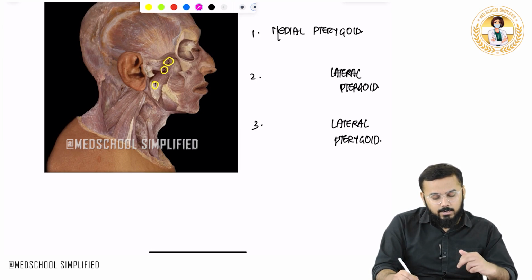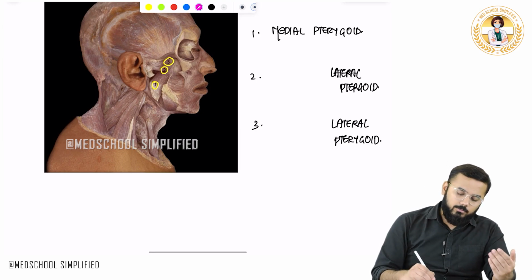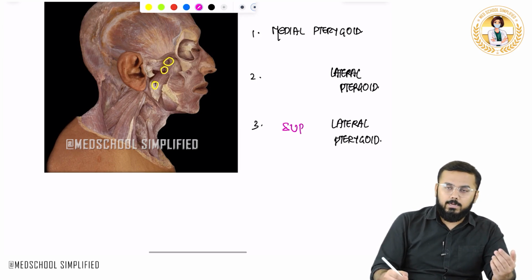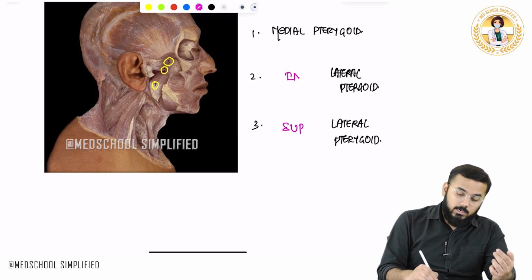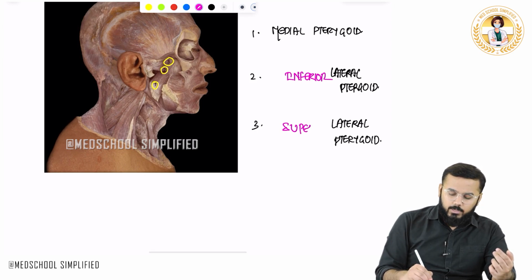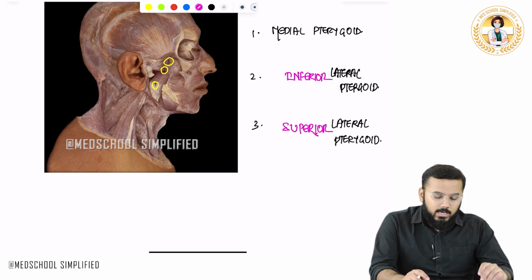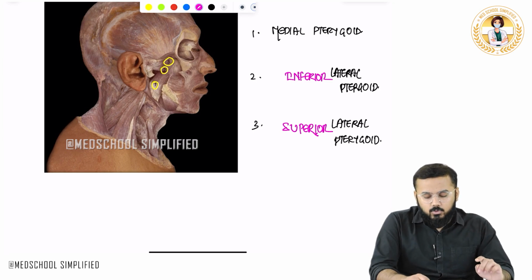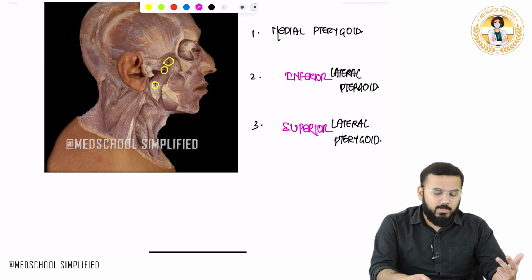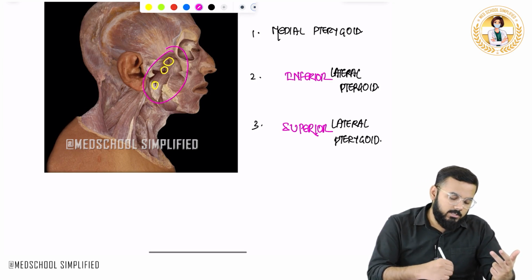Now tell me, out of 3 and 2, which is on the top? 3 is on the top. So this is called as a superior lateral pterygoid, and next one is called as an inferior lateral pterygoid. So 3 important muscles over here. One is called as the superior lateral pterygoid, next is called as the inferior lateral pterygoid, and third is called as the medial pterygoid. So this is how the cadaveric images will be asked.